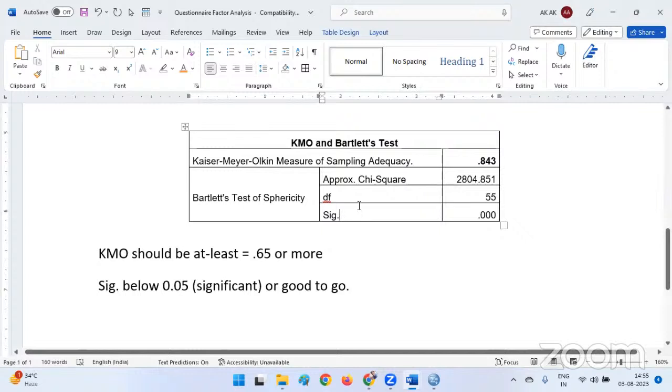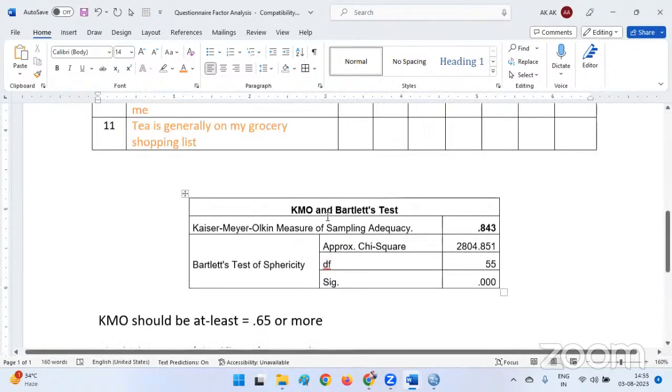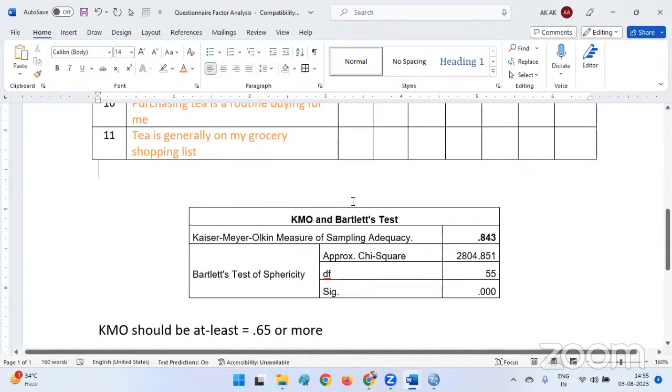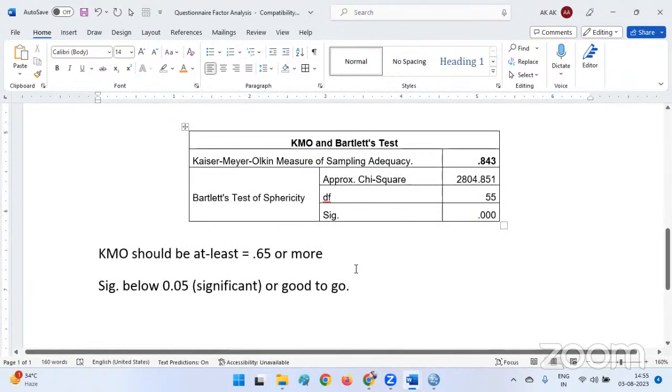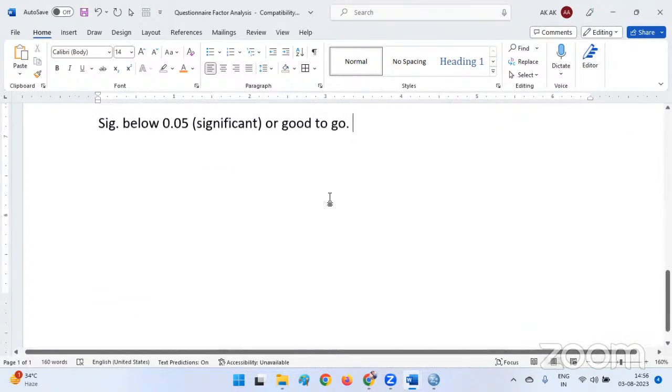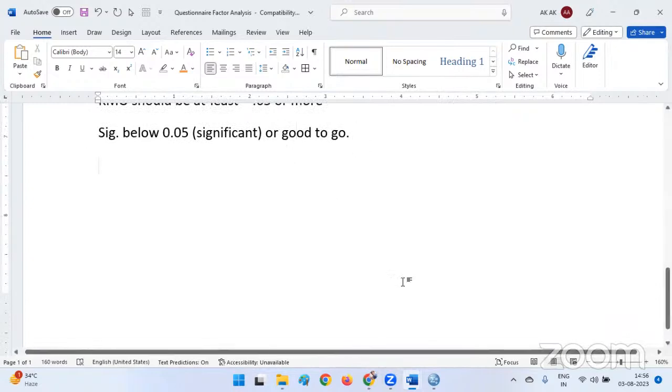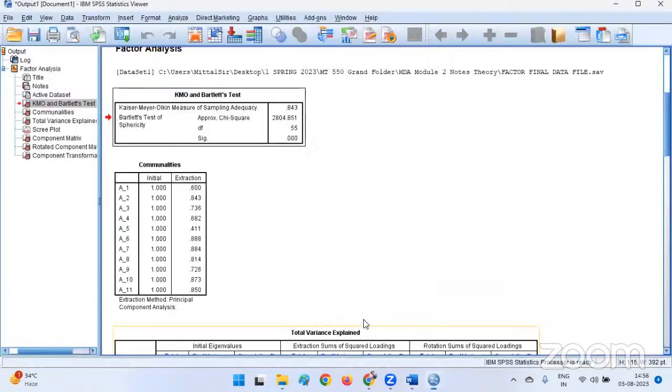The matrix is not an identity matrix, and this is good to go. So KMO and Bartlett test is the initial qualifier of factor analysis. If they are good, then we should apply factor analysis, otherwise we should not. So we fulfill both the requirements, so we can go ahead with the factor analysis. Okay. Now you see what is the next table, which is useful for us.